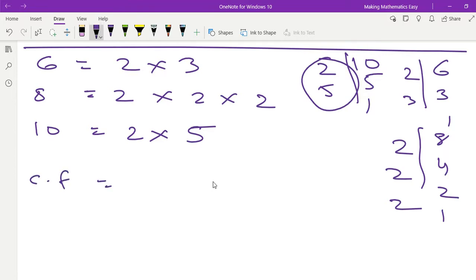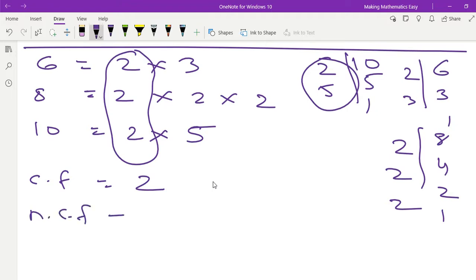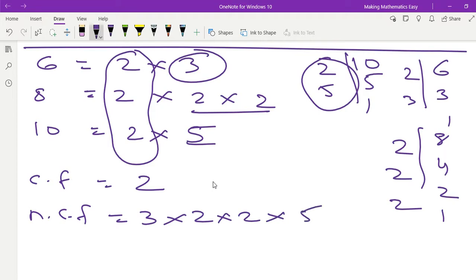So if it is repeating in all three then it is also a common factor, and if it is repeating in only two then you can consider that in common factors as well. Okay, so here you can see this 2 is repeating in all the cases, so this is your common factor. And for non-common factors, is there any other number which is repeating in any two cases? No. So in non-common factors you will have this 3, this 2 into 2 and this 5.